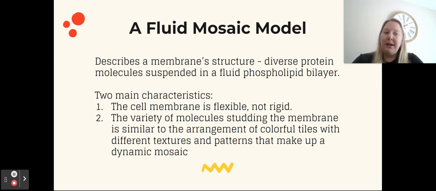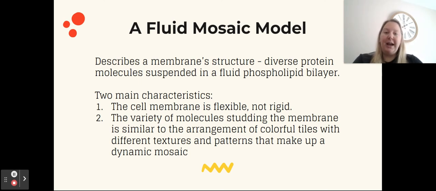Cell membranes or plasma membranes are very flexible. Unlike plants that have that cell wall that holds them rigid and straight, animals and bacterium don't have that. We are able to move much more freely than something like a plant would. Therefore, the cell membrane is considered flexible or fluid, not rigid.